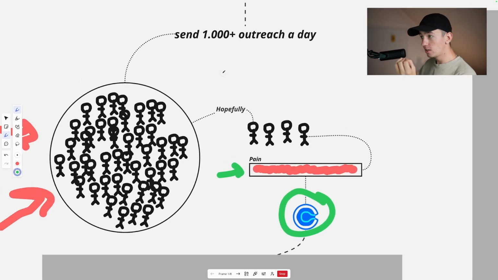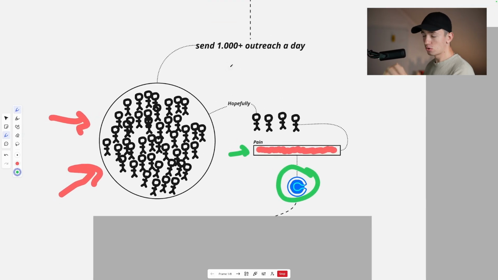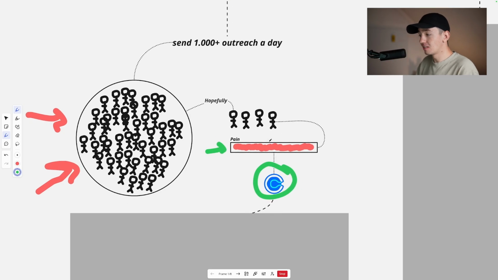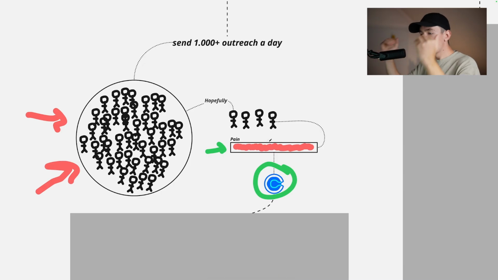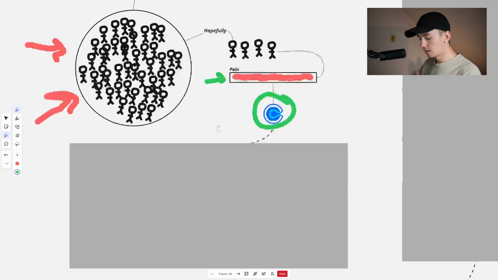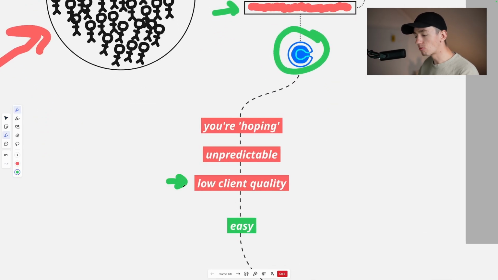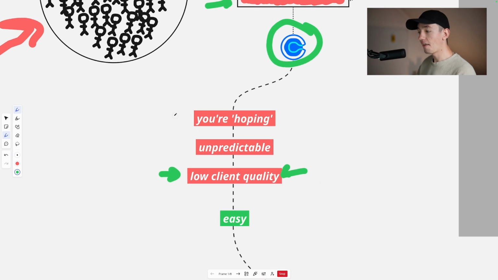So what you're really doing with this kind of outreach, where you're just doing the volume, is hoping for the right people who have so much pain that they're going to book a call. And this is, I think, the worst way you can do outreach and get clients. Because think about it, these kinds of clients are really not the right quality clients. And you're really just hoping to get clients.